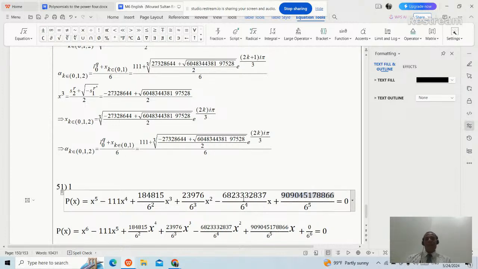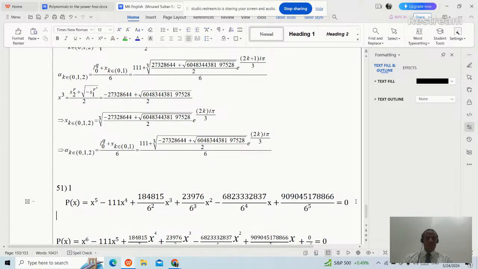So here, as the power is 5, I'm going to raise this to the power 6, which means I'm going to multiply my polynomial px to the power 5 by x.